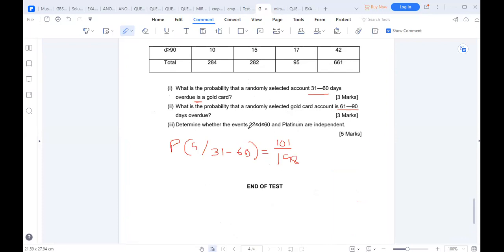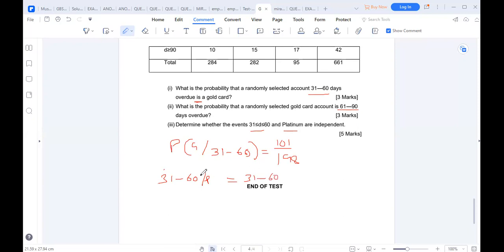Determine whether the events 31 to 60 and platinum are independent. So for independence, we know that 31 to 60 given platinum must be equal to 31 to 60.